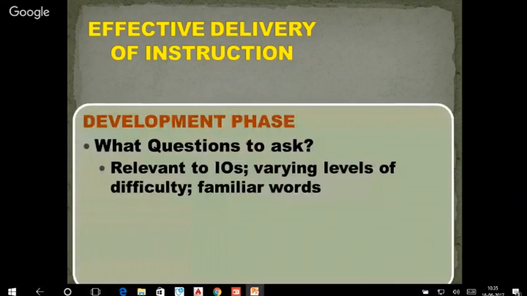Another is what questions to ask. One is that these should be relevant to the instructional objectives of your lecture, or you can ask different levels of question. Small simple question you can ask to a average student, difficult question you can ask to a gifted student.